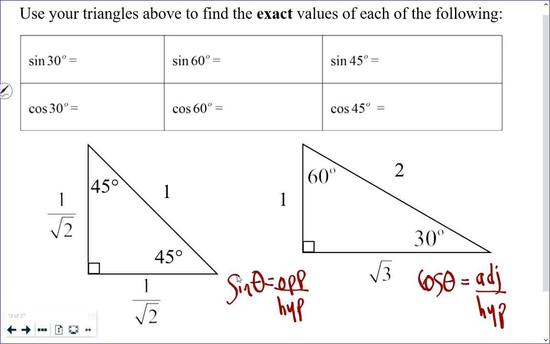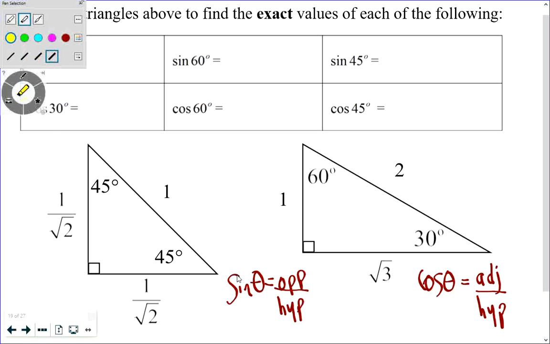So what is sine of 30 degrees? Okay, if we're going to look at sine of 30 degrees, then we're going to have to focus on the 30-degree angle. And the sine of 30 degrees is the opposite.